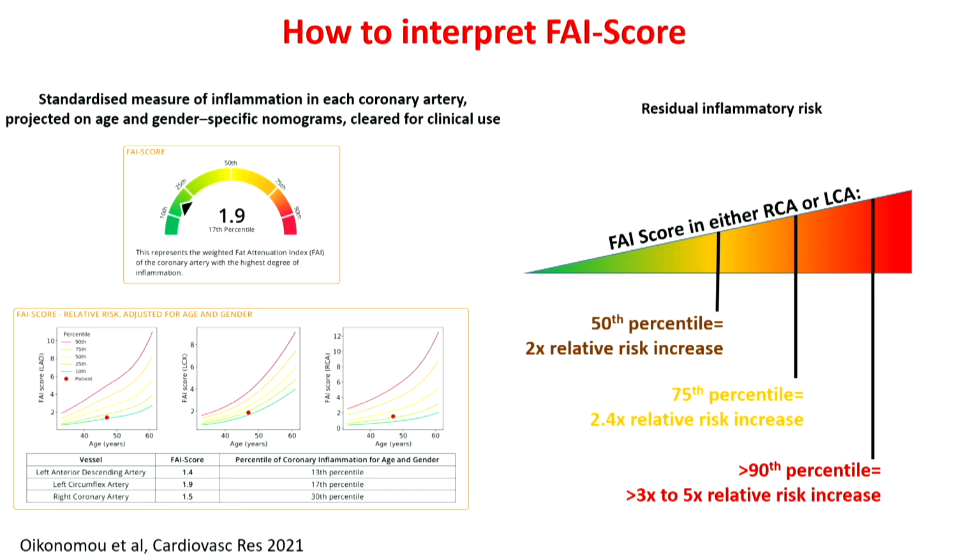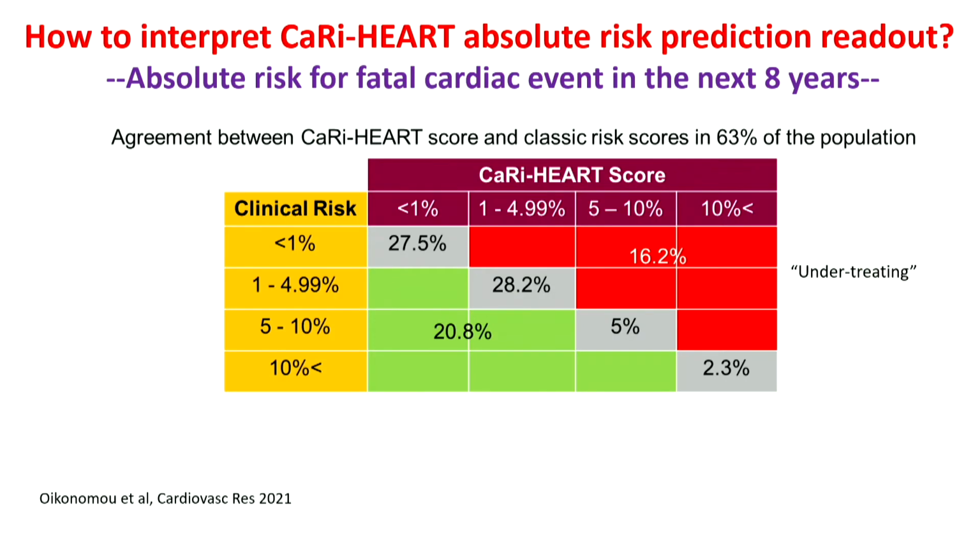And it is important to understand that it's the relative risk. So this is the risk attributed specifically to inflammation, and it does not take into account the risk coming from any other risk factors, genetic factors, etc. This is the residual inflammatory risk that is treatable with anti-inflammatory treatments.